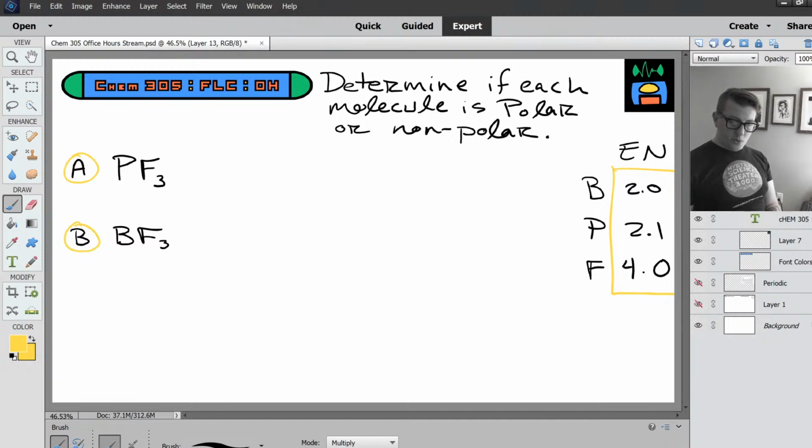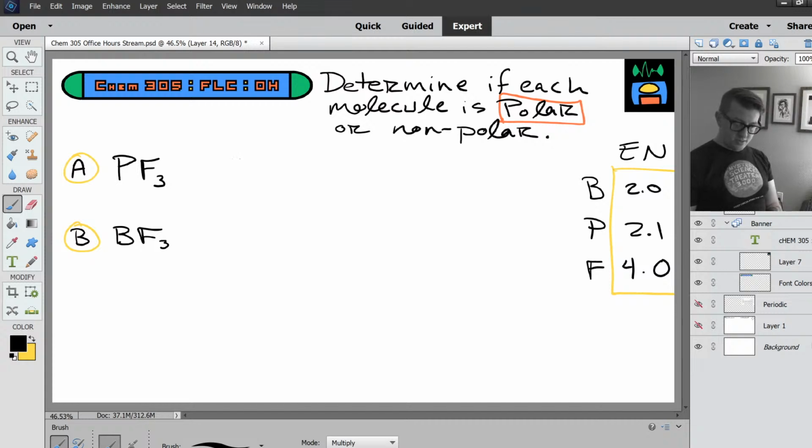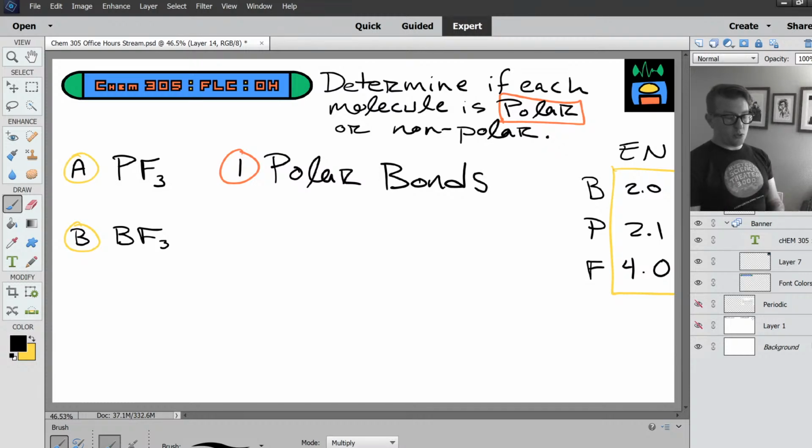is if you're going to be polar, you need two things. One, you must have polar bonds. Polar bonds are a requirement for polar molecules.